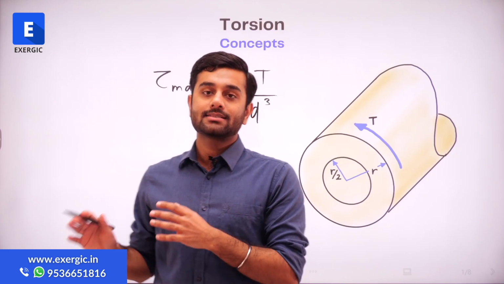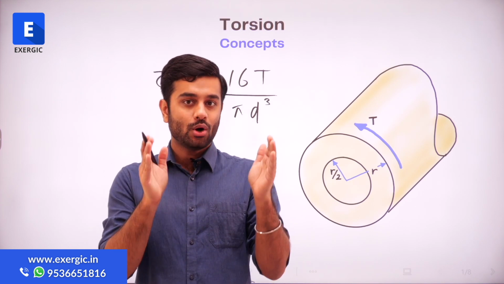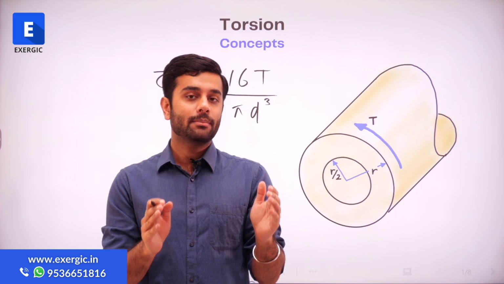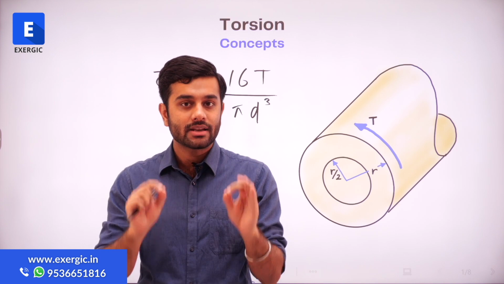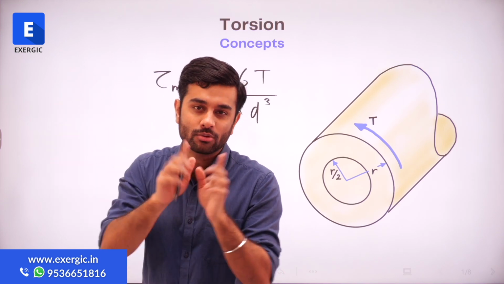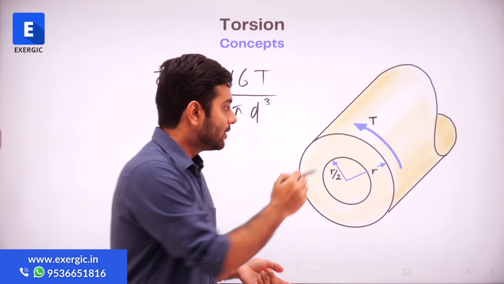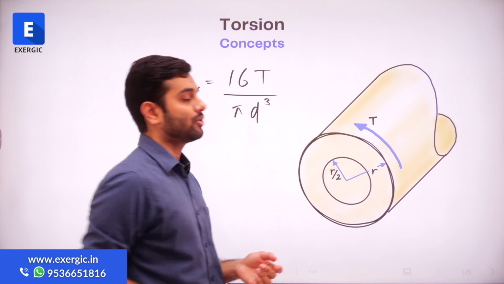So as we discussed in the previous lecture, if we have a shaft of diameter d and we apply a torque T at its ends, the maximum shear stress is going to appear on the farthest point from the center, or in other words, on the circumference of the cross section, right?